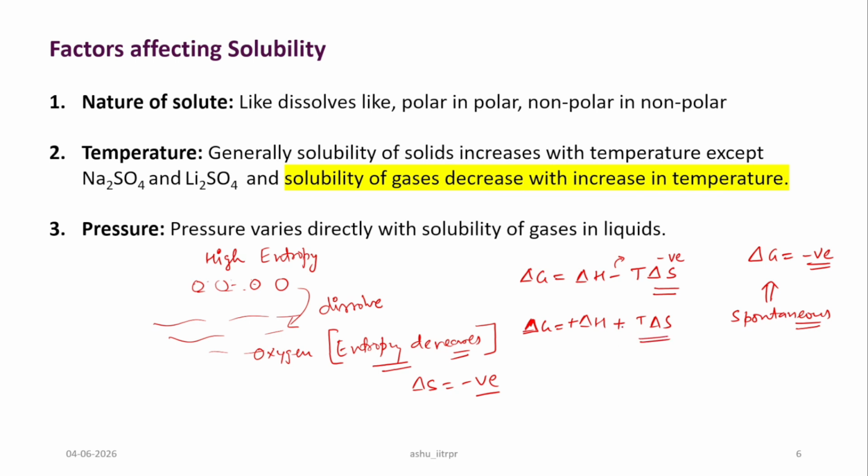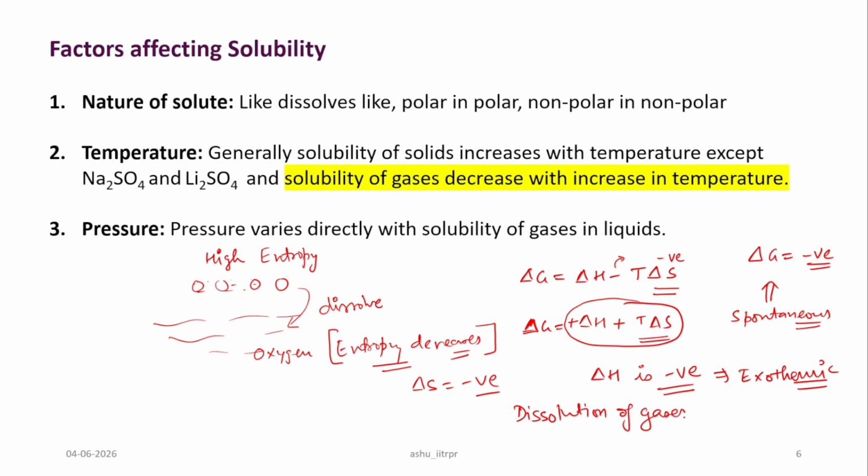So this can become negative only when delta H is negative, and then we say the process is exothermic. So even if you don't know the back end story, just remember that dissolution of gases is exothermic.